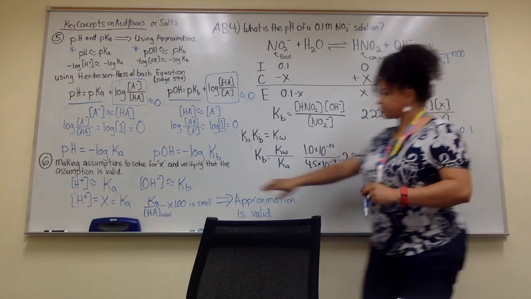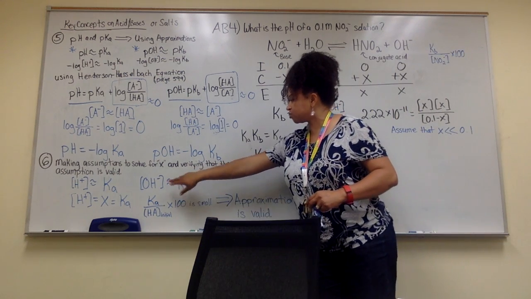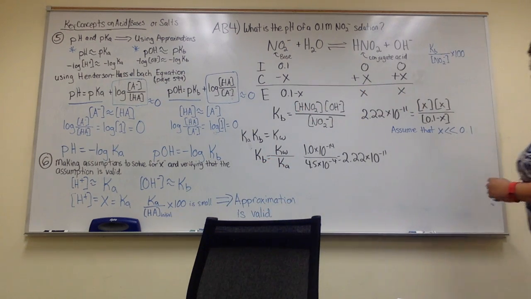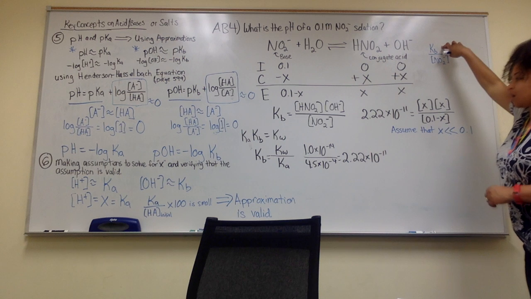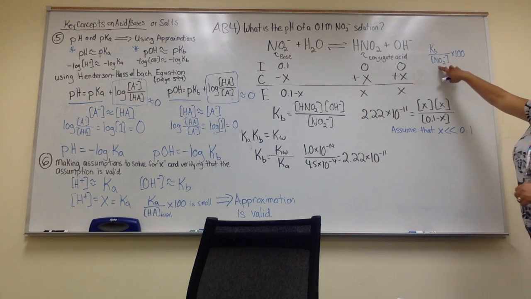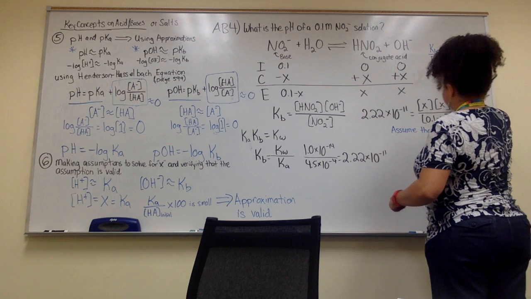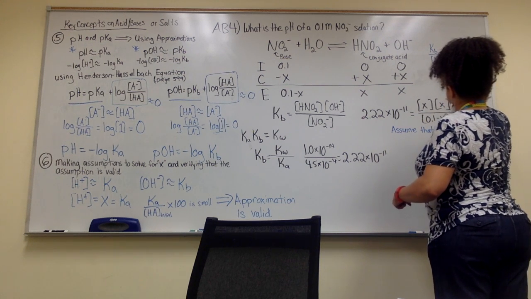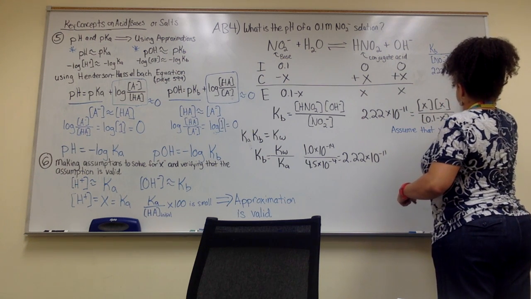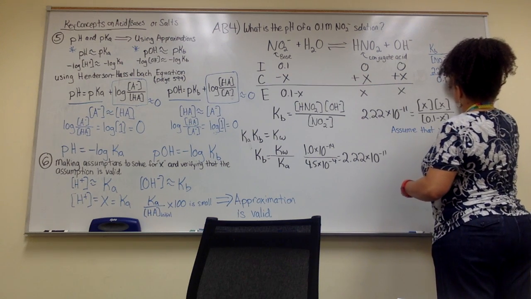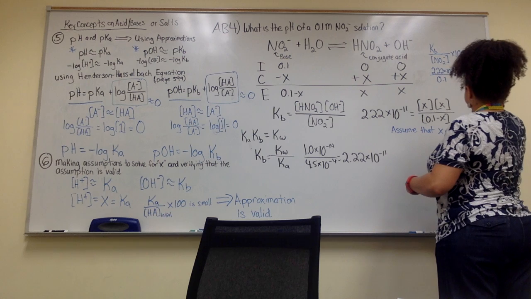Because remember over here that OH minus is about equal to the Kb concentration. So for figuring out percent dissociation, we can substitute Kb, and we have our initial base concentration of 0.1. So Kb is 2.22 times 10 to the minus 11, and NO2 minus is 0.1, times 100.